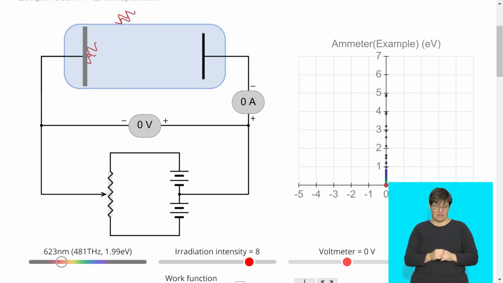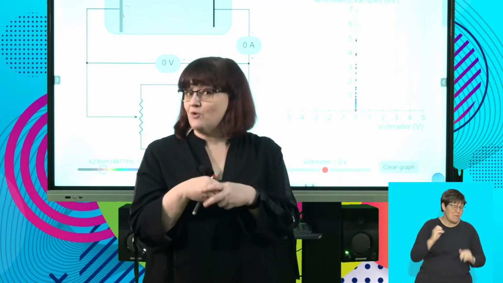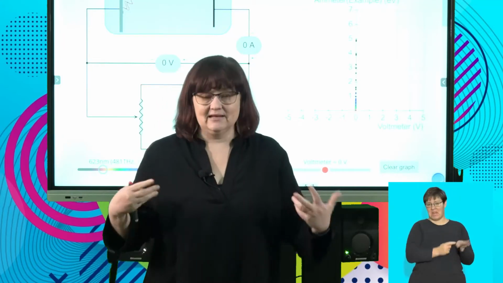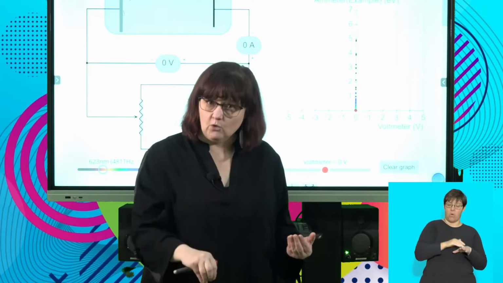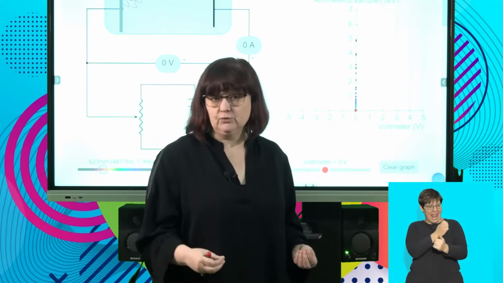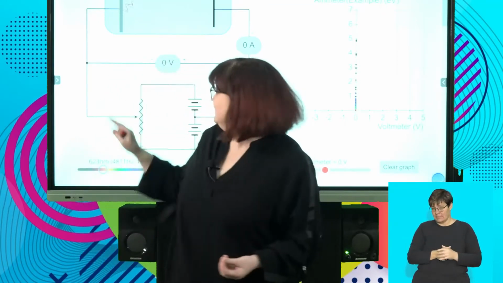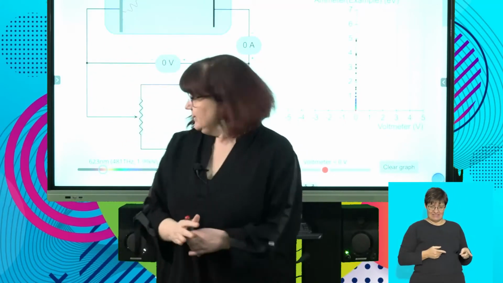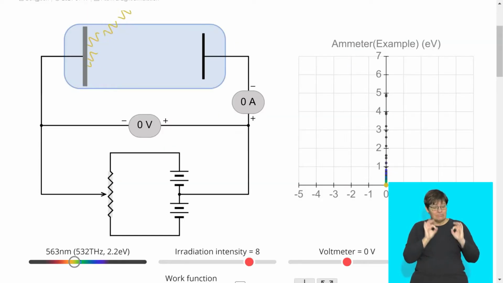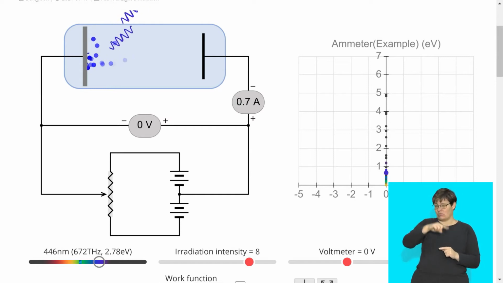If the photon doesn't have that threshold frequency, if our photons don't have that minimum energy, we can make it as bright as we like and nothing's going to happen. So the intensity of the light will not make the electrons come off unless they were going to. That's very important to get because they're going to try to trick you with that, okay? The intensity has got nothing to do with starting them to come off. It's all about getting to that threshold frequency. It's all about the frequency for that.